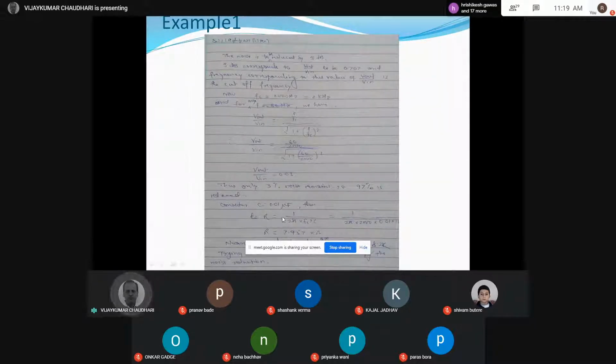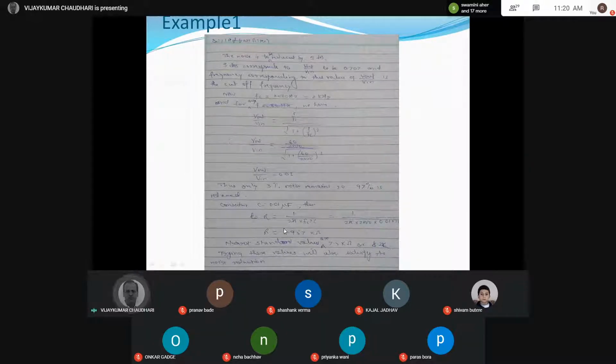So R is equal to 1 upon 2 pi Fc into C. Substitute: 1 upon 2 pi into 2000 into 0.01 into 10 raised to minus 6. So R comes out to be 7.957 kilo ohms.